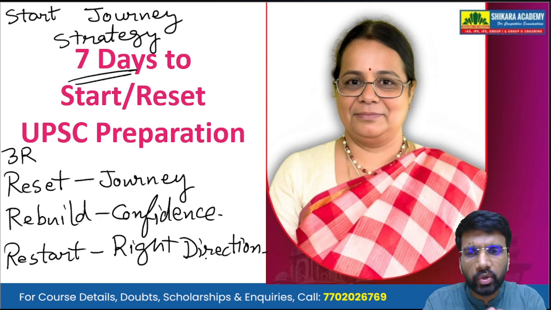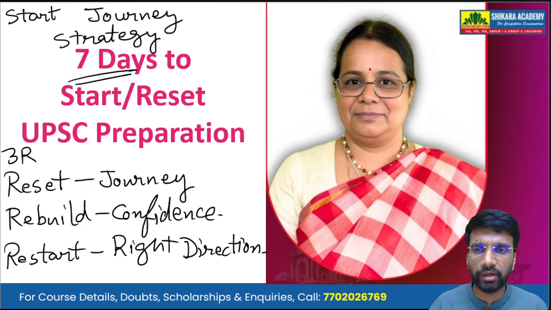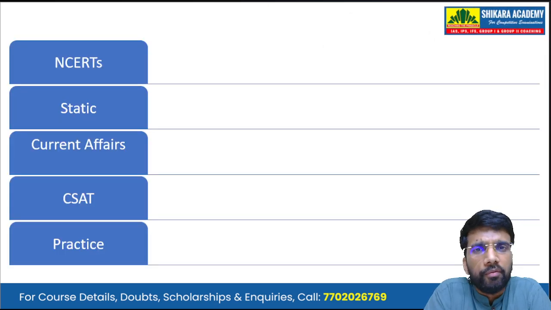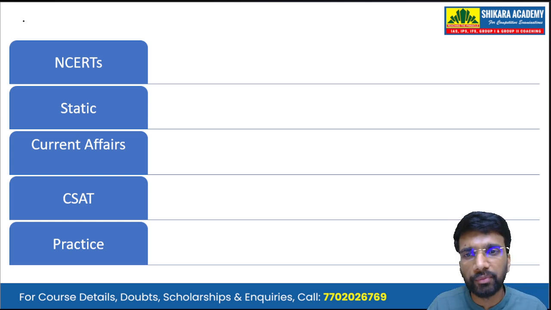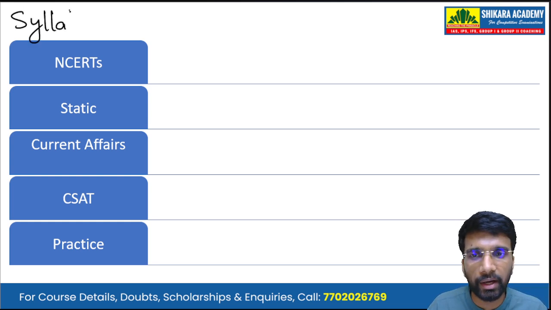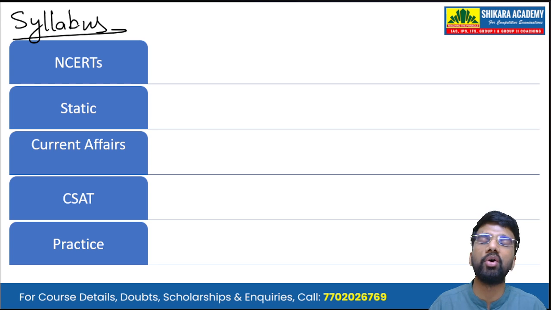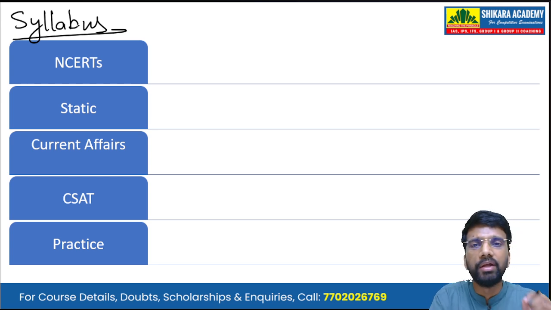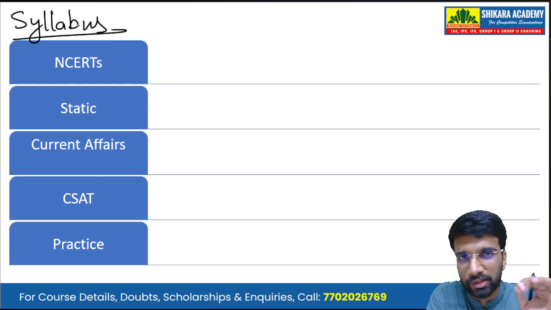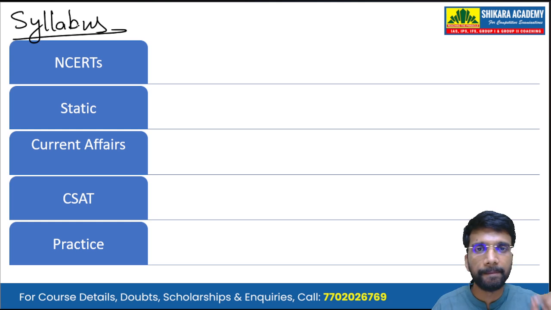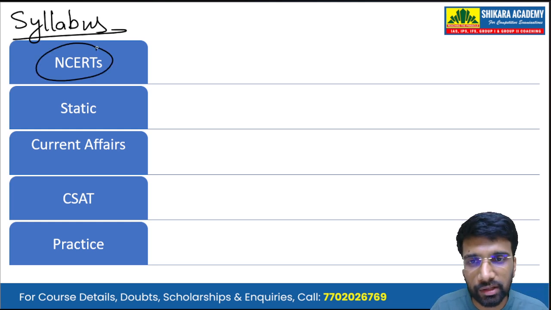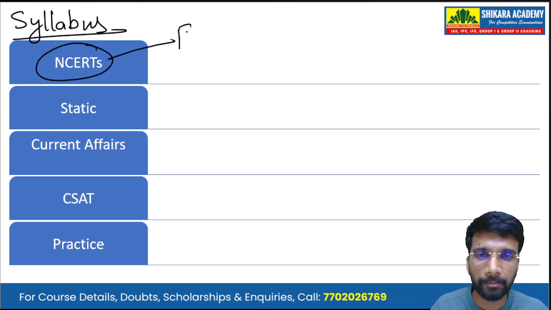So now how can you get to these 3R? We know that in UPSC preparation, apart from the syllabus, which is the bedrock of the entire preparation, there are certain 5 key verticals, especially for the general studies. Starting with the NCERTs, which make the foundation.